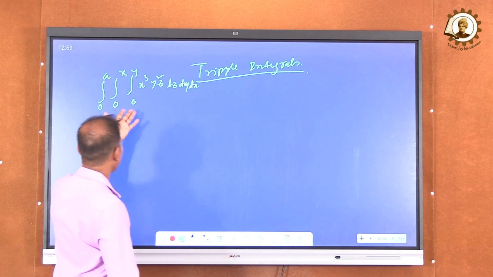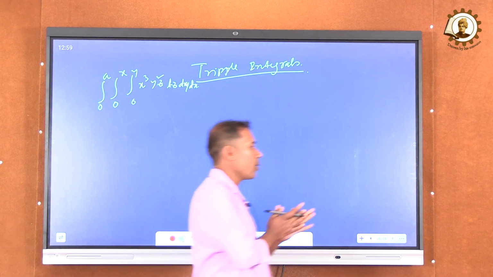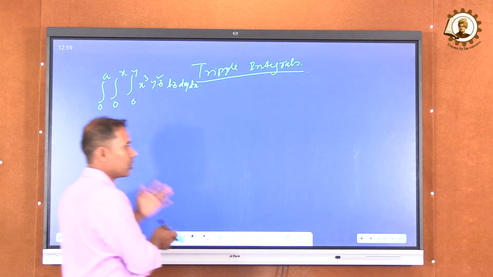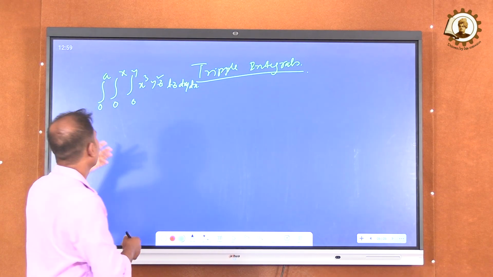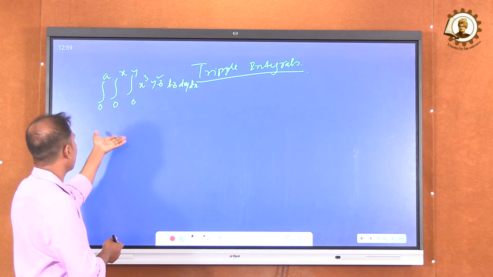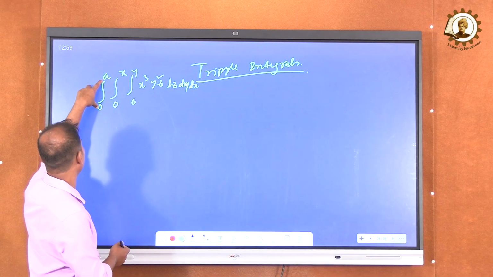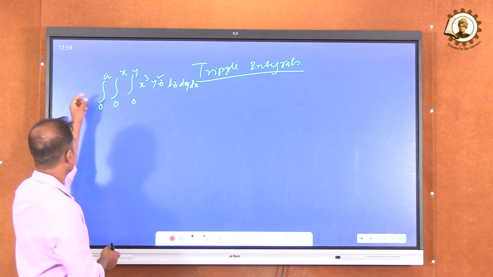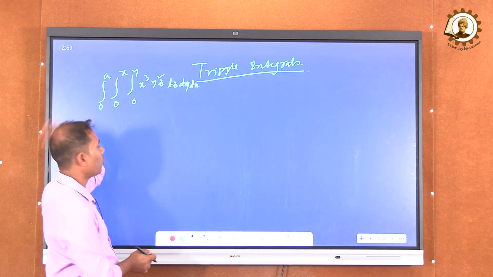So in this problem, whenever we try to integrate in three dimensions, here 0 to a is a constant, 0 to x, 0 to y.